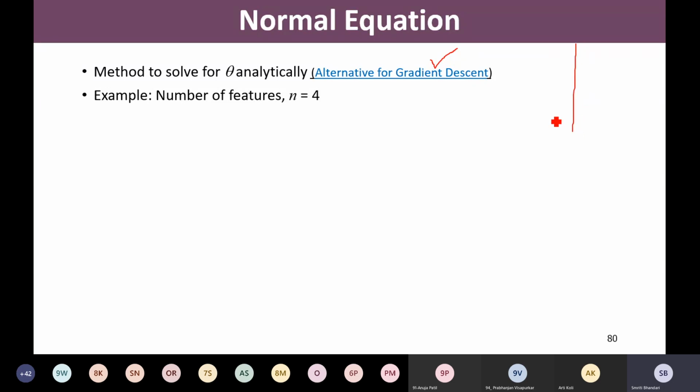So I just want to recall what we did. Let us assume that we have only one parameter, theta, and we are plotting our cost function j of theta against theta. Let us assume that we have this plot with such a nature, a bowl shape, a convex function.